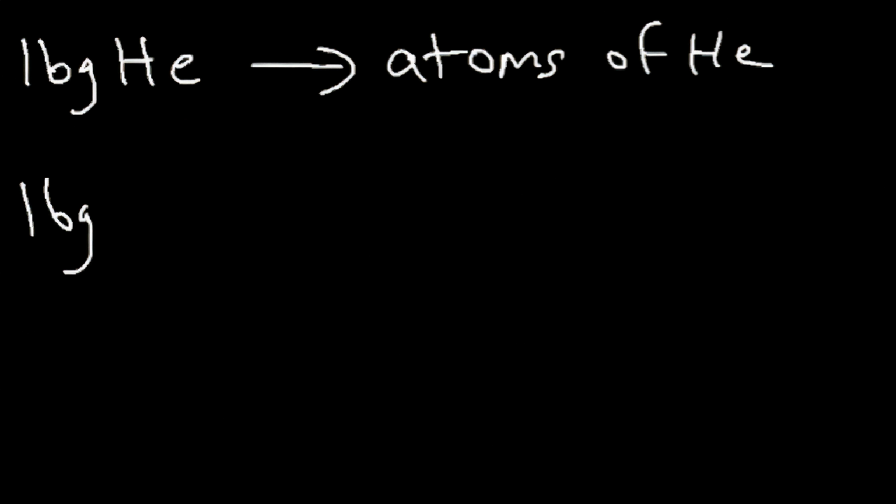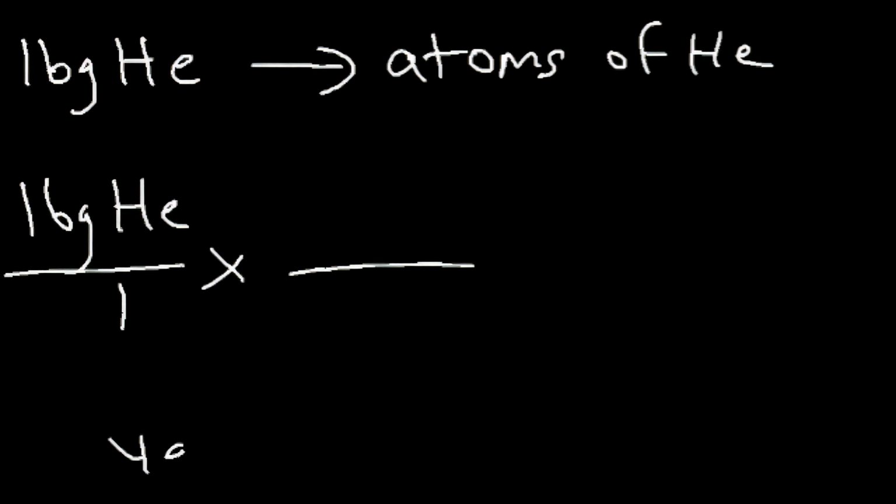So to go from grams to moles, we need the molar mass. The atomic mass or molar mass of helium is about 4. It's 4 grams per mole. So 4 grams of helium equates to 1 mole of helium.